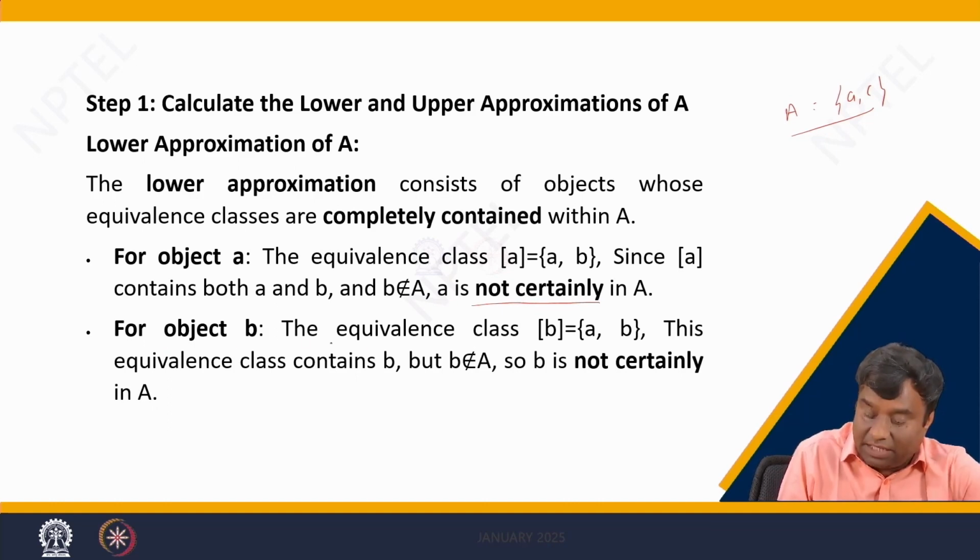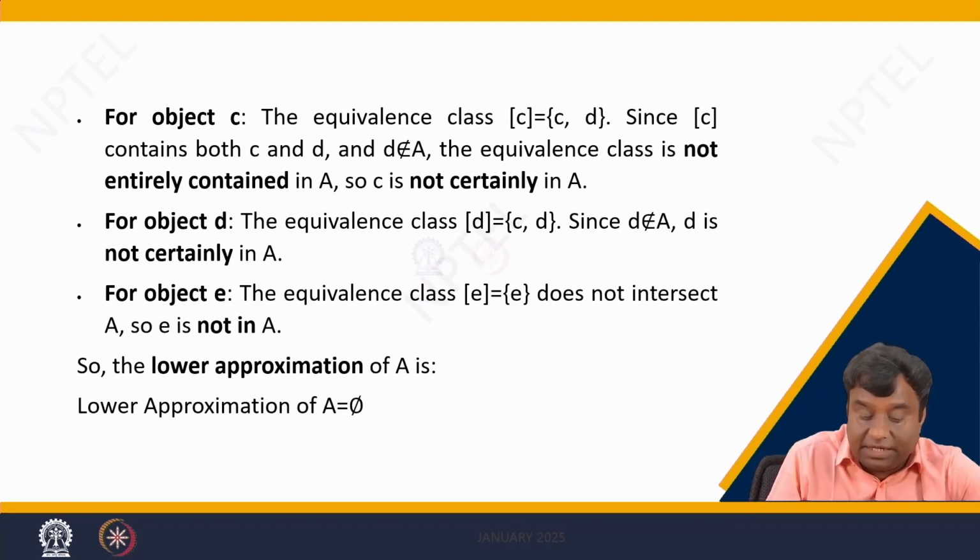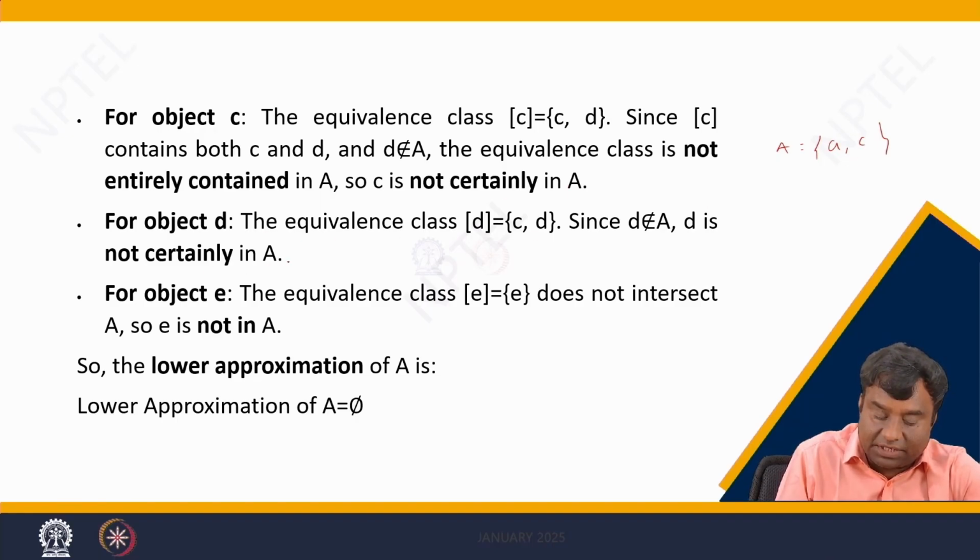Similarly for object B, the equivalence class is AB. This equivalence class contains B, but B does not belong to the target set A, so it is not certain in A. Similarly, for object C, the equivalence class is CD. Since it contains C and D, and D does not belong to A, remember A is the target set, which is A and C, so C is not certain in A. Similarly for equivalence class CD, D does not belong to A, so that is not certain.